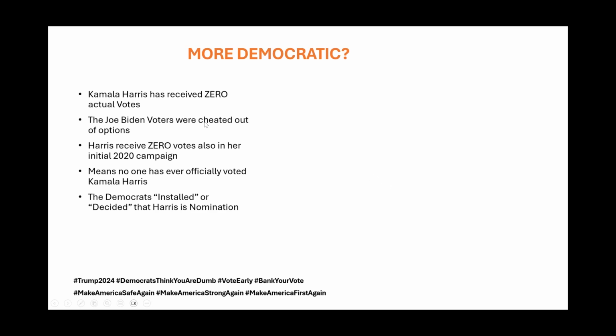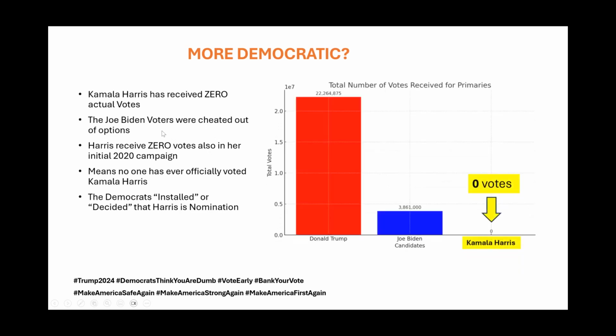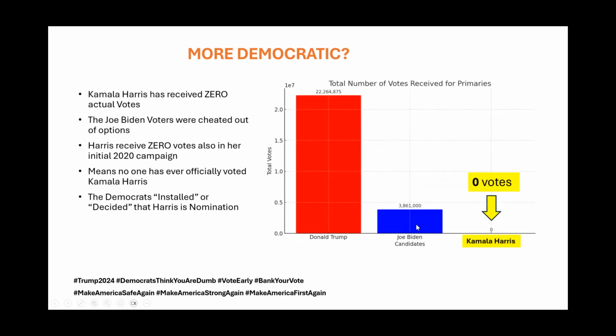Kamala Harris has received 0 actual votes on the presidential side. There were voters for Joe Biden, over 3.3 million voters who have been cheated out of their options to vote. Vice President Harris received 0 votes to date.